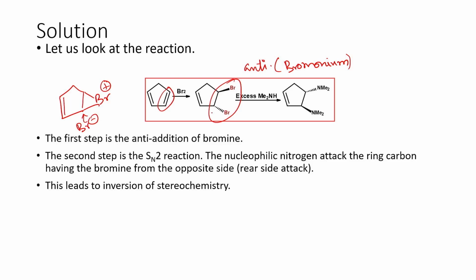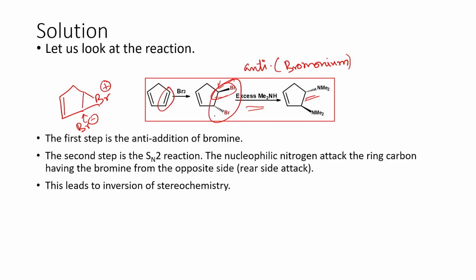And when it attacks from the opposite side, we end up with the anti-product, or the trans product, being formed. And here if you look at the stereochemistry, one of the bromines is above the plane and another one is below the plane. And the next step is the SN2 attack by the dimethylamine. When the dimethylamine attacks, the stereochemistry of the top carbon is changed to the other side.